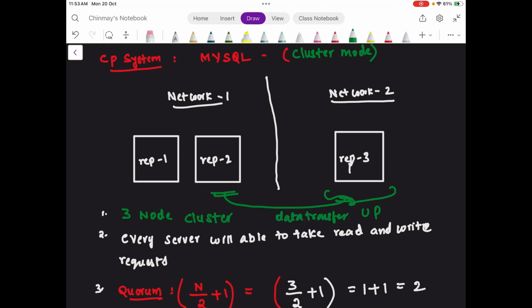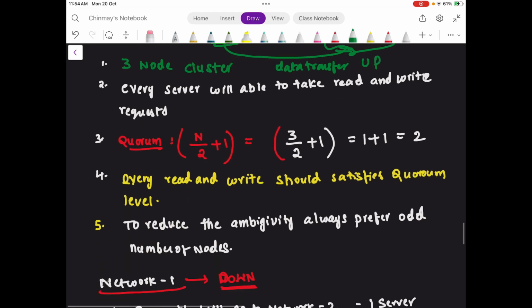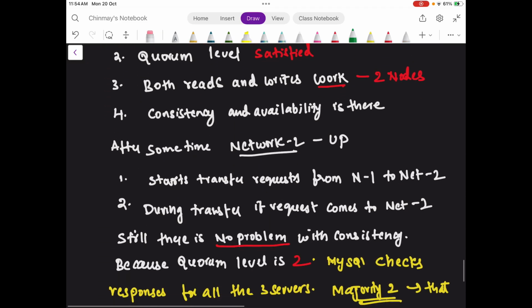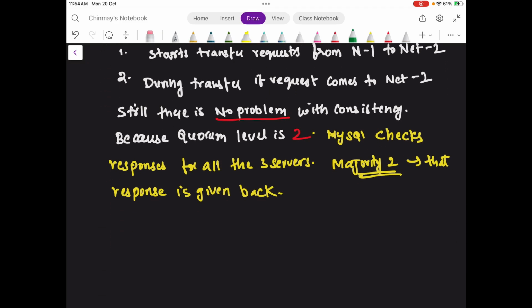During the data transfer, if any read request comes to network 2, there is no issue with consistency because the MySQL server takes the responses of all 3 nodes and checks in which 2 nodes the majority response is. The quorum level is satisfied, and that response is given to the user. So in that case also there is no issue with consistency.